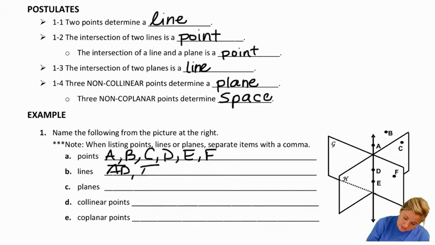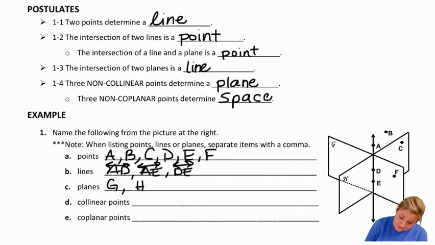You could say line AE, and you could say line DE. These are lines with arrows, sorry. And then planes, we have plane G and H.